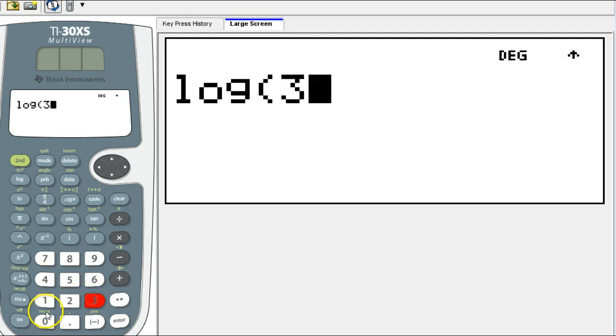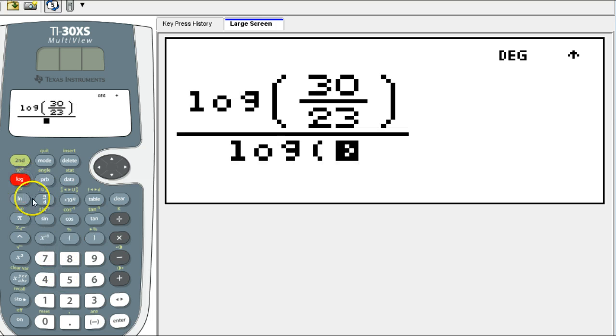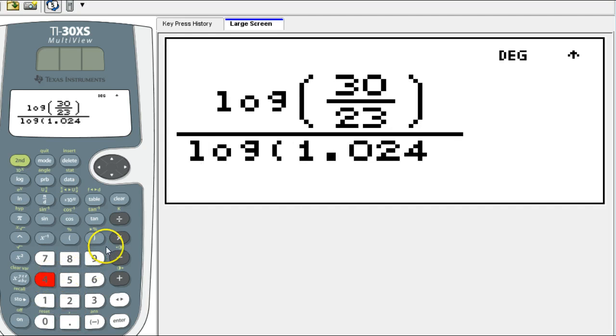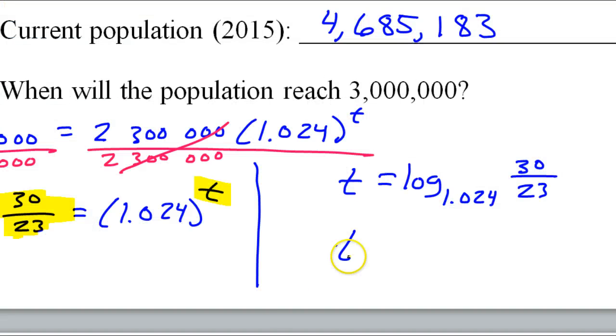Okay, so log 30 over 23, over log 1.024. Alright, so that gives us 11.20. Okay, and this is years.